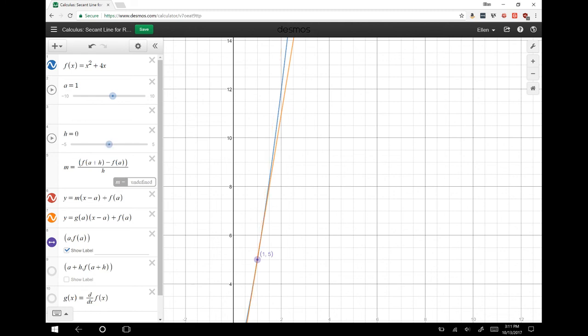So the same way that the average rates of change approach the instantaneous rate of change, the secant lines approach the actual tangent line. Okay, so that is a mathematical and a graphical approach to instantaneous rate of change.